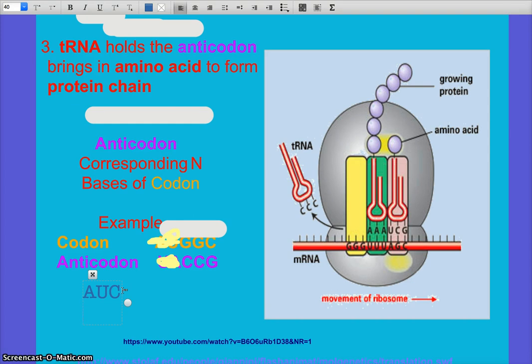No. UAG. Because anticodons are, put it over here, this is my codon, this is my anticodon. So the first mistake was saying the same letters. The second mistake was saying a T. RNA never has T. Instead of T's, they're U's, okay?